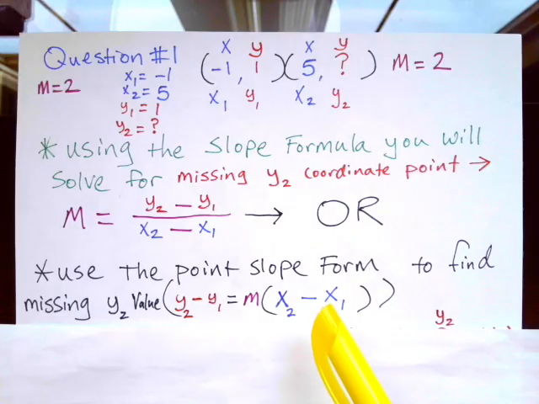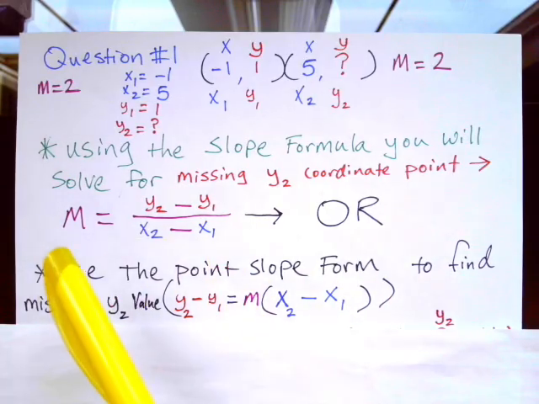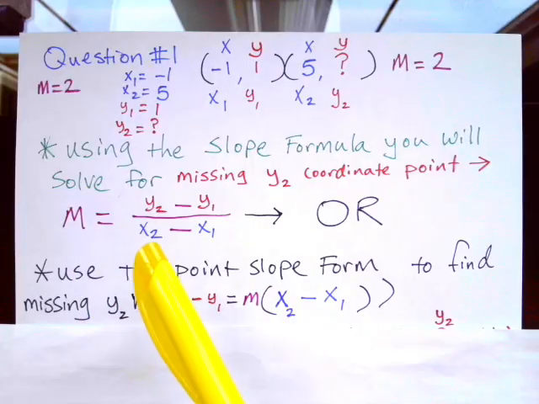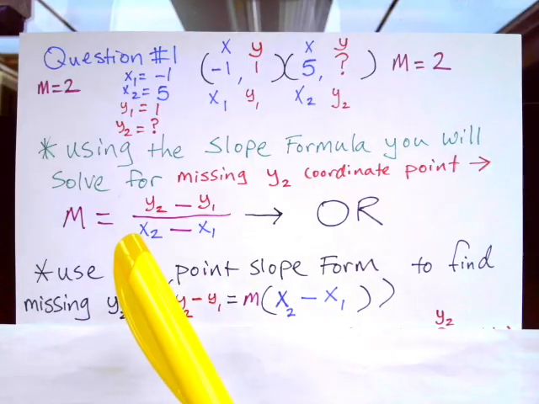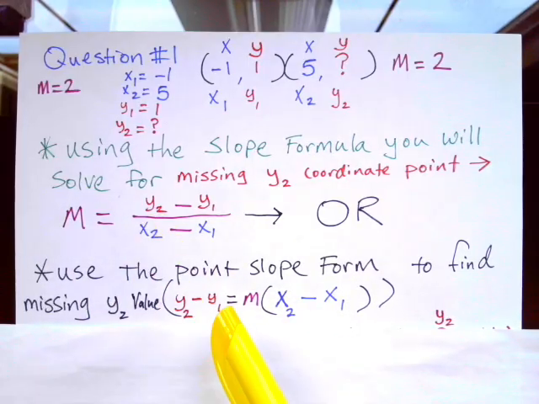What we do to one side of the equal sign, we have to do to the other side. And anything over itself is 1, which means m is left all alone. It would look just like our slope formula. So you could use either of these formulas to solve for our y2 value.